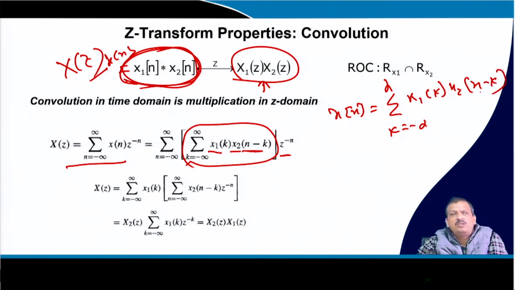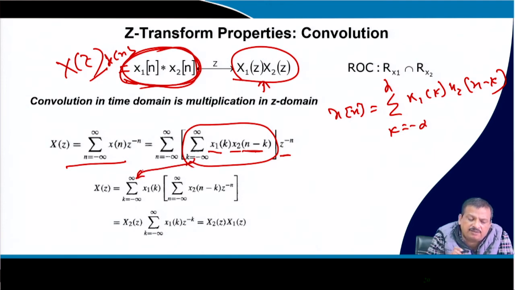This is the convolution sum. Now I write the first sum over x1 k, and then the second sum over n equal to minus infinity of x2 n minus k z to the power minus n.